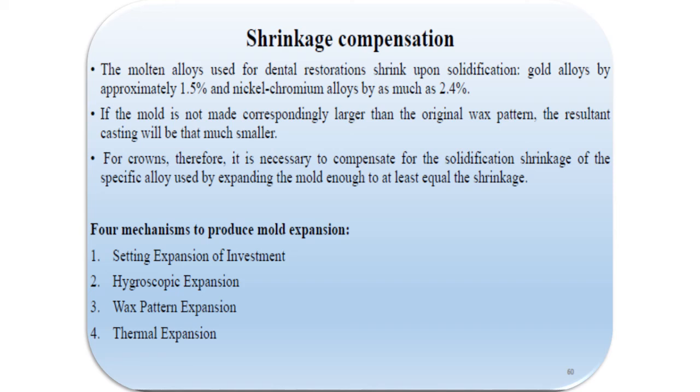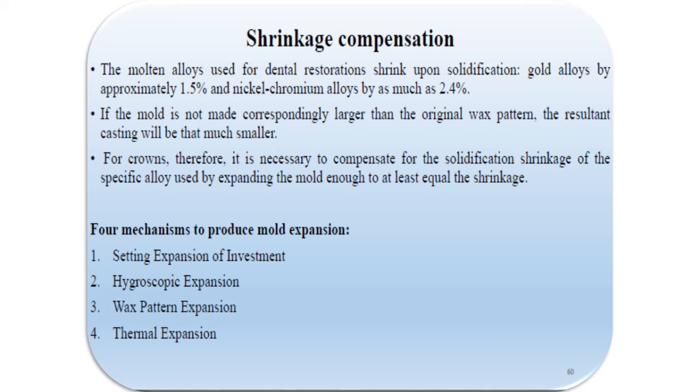The expansion of the investment material can happen in different ways. There are different concepts based on the setting nature of the investment material. The investment expansion can be a normal setting expansion, or sometimes we can follow the concept of hygroscopic expansion. For that we need to incorporate a little excess liquid or water to achieve expansion of the mold or investment material.